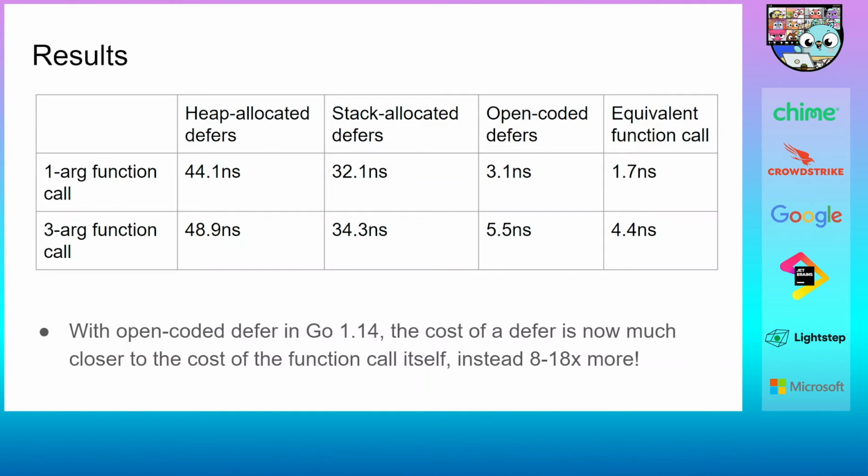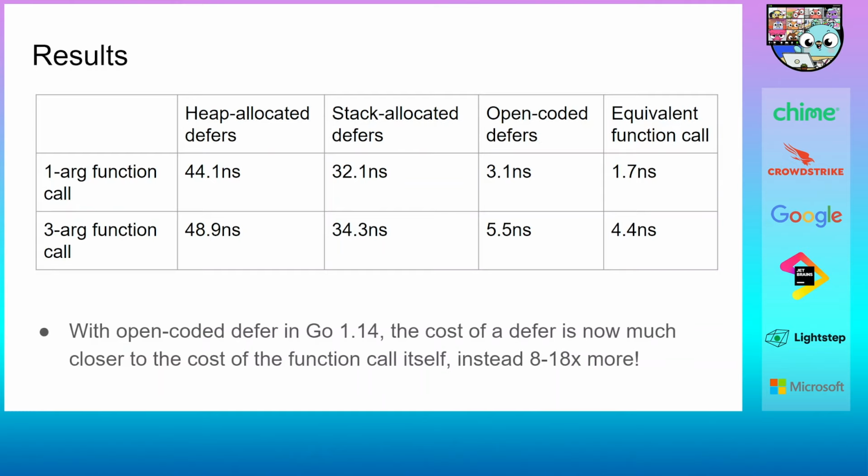In this chart, we show the total cost of deferring a function call, which includes the overhead at the point of the defer statement to record the defer, and then the cost at the function exit to execute the defer call. And we're showing in the last column the cost to just make the function call itself in the normal way.